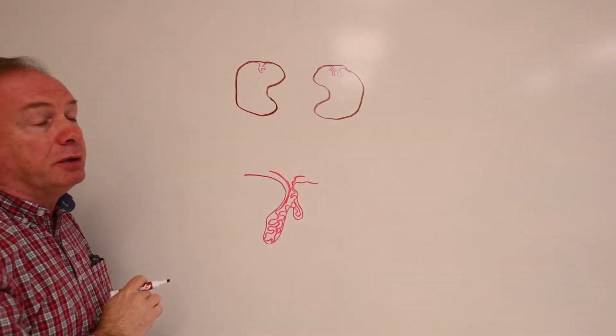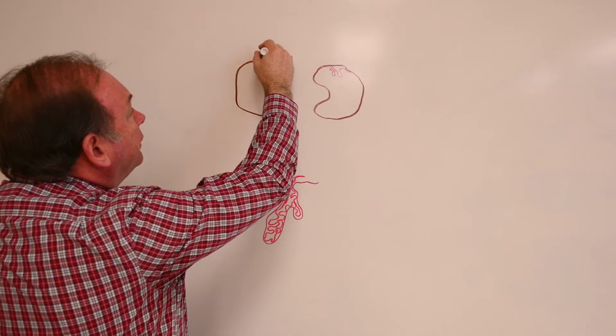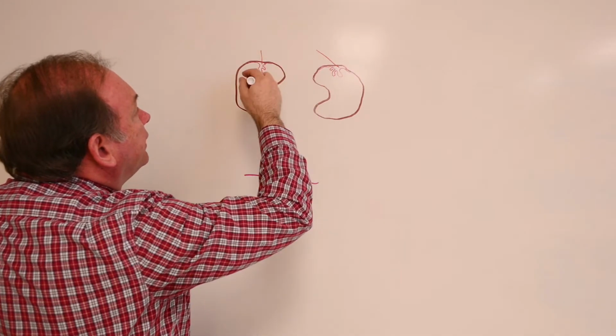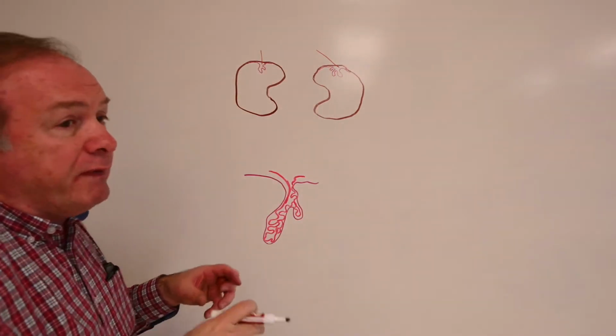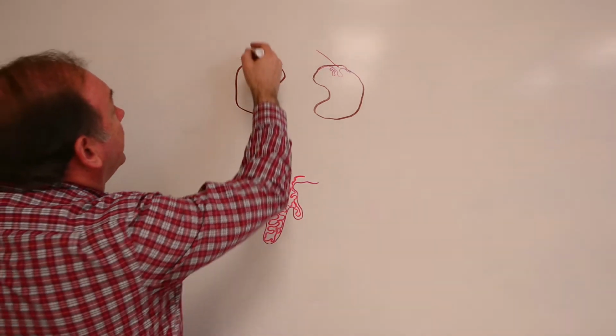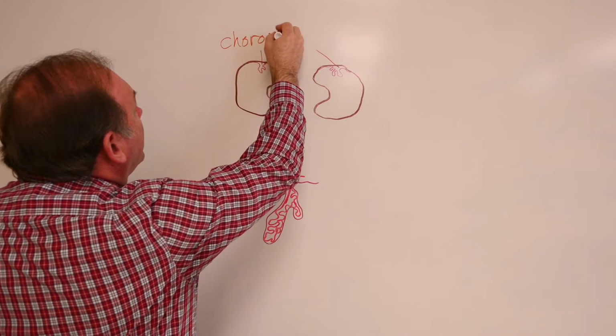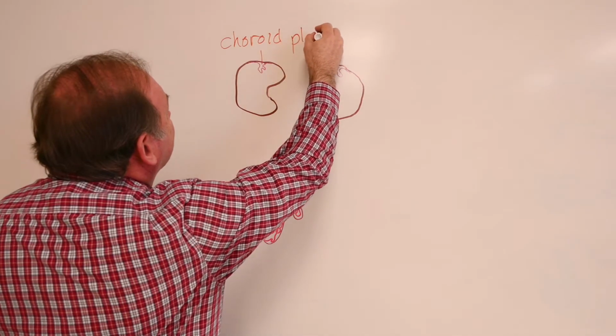Those are the two ventricles of the brain in the cerebral hemispheres. In the roof of each ventricle, we have small vascular structures that produce cerebrospinal fluid. These are called choroid plexuses.